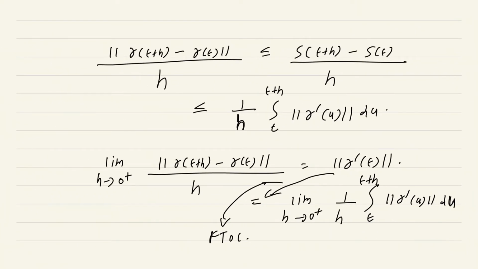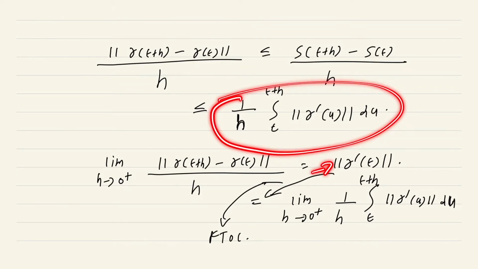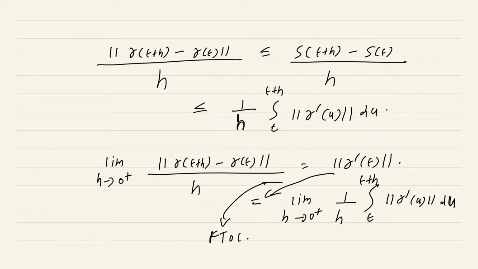Now because this term, limit h going to 0 plus of the expression, is mod gamma prime of t, this is nothing but the left hand side. Taking the limit h going to 0 plus of the right hand side also gives the same thing. It also gives mod gamma prime of t.